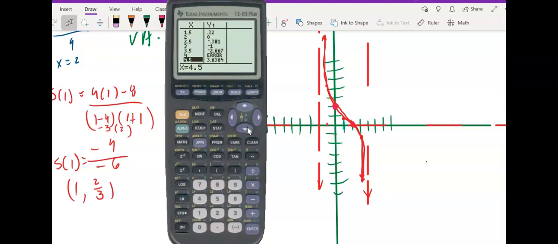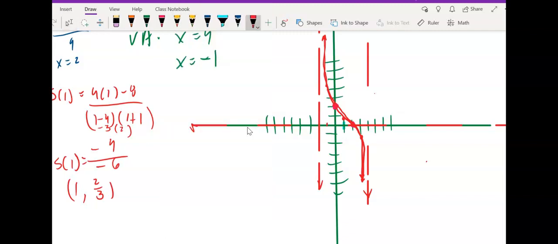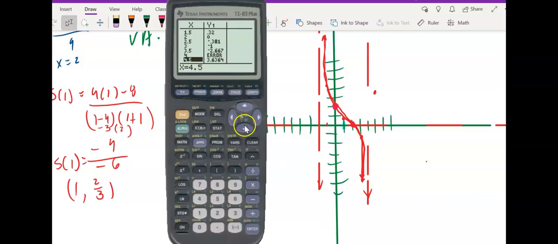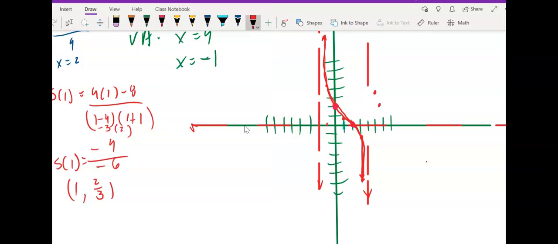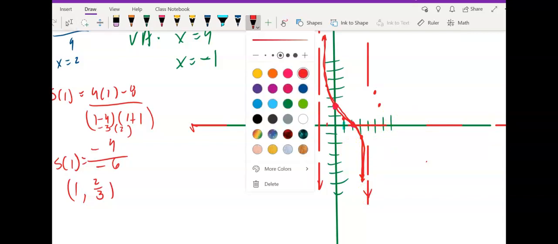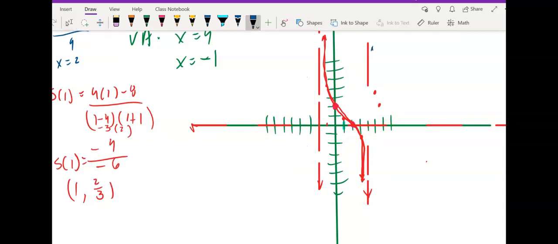So 1, 2, 3, it's about right here-ish. Let's get a couple more points there. What about when x is 5, y is 2? 1, 2, 3, 4, 5, y is 2. And then since we have an asymptote at y equals 0, I'm going to just be bold here. This line is going to be running something like this. Curve. Not a line, a curve.